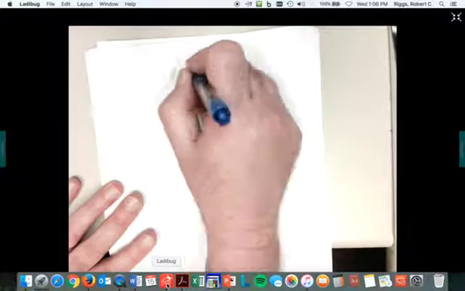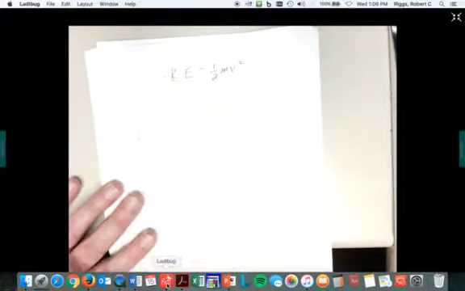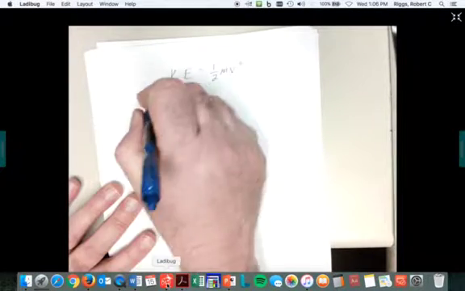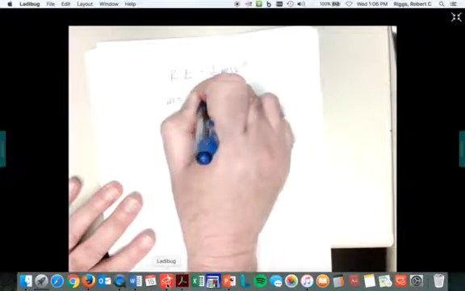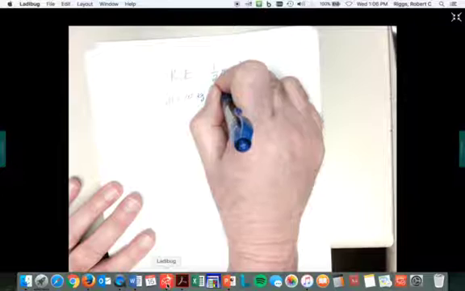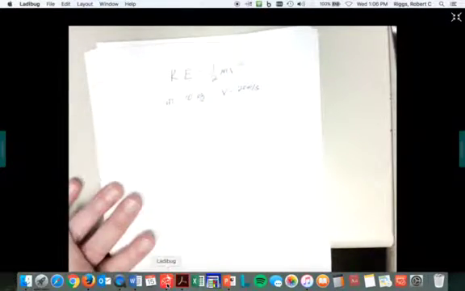But kinetic energy is 1/2 the mass times the speed that it's going squared. All right. So let's say something has a mass of 10 kilograms, just some object, and the velocity is 20 meters per second, which is pretty fast. It's almost 60 miles an hour, actually.